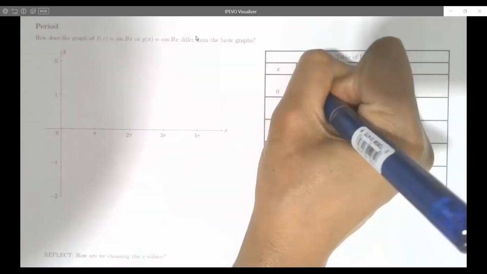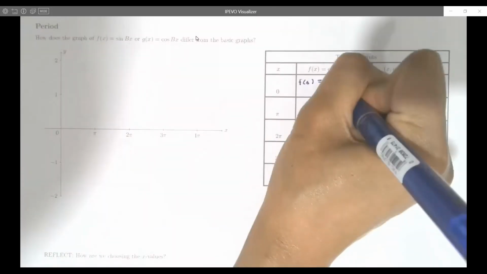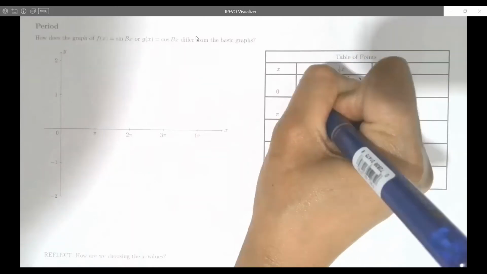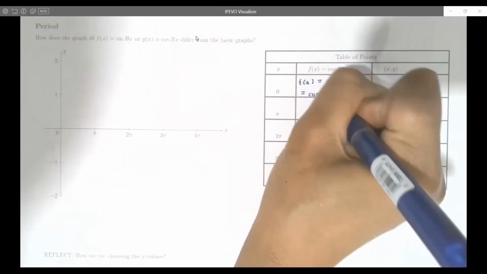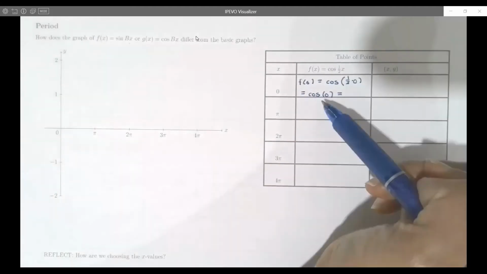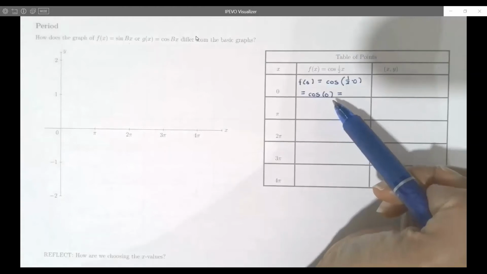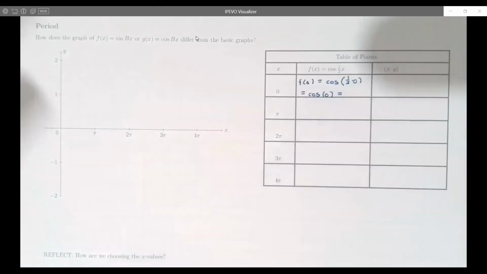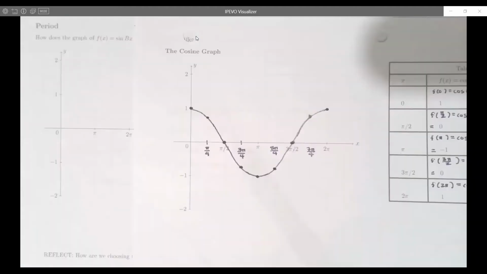The first one is 0, so f of 0 is equal to cosine of 1/2 times 0, which gives us cosine of 0. Again, there are 3 different ways we learned that we can find this. We can look at the unit circle. We can see the basic cosine graph, which is on page 3 of this set of lecture notes. Or you can use your calculator.